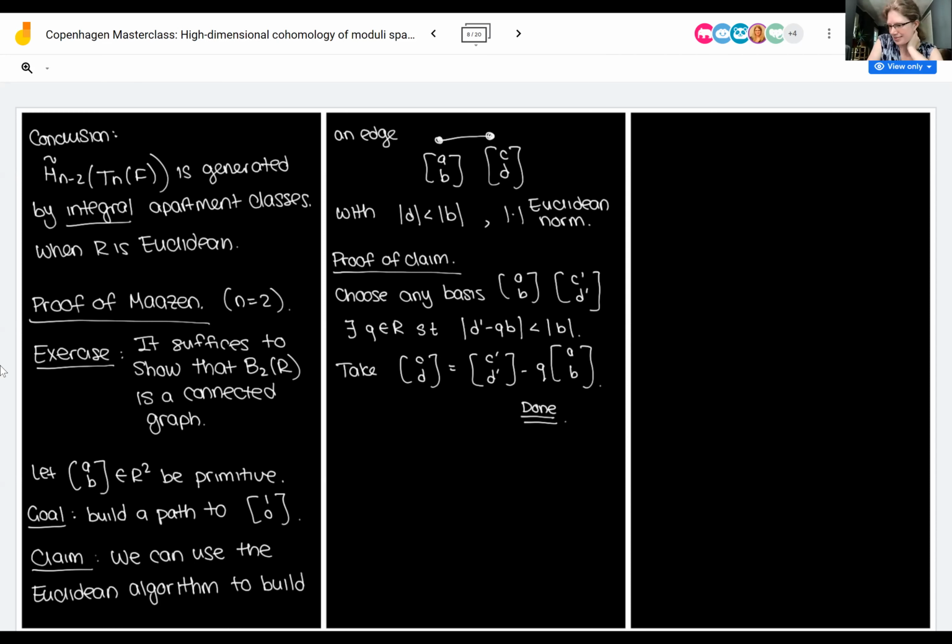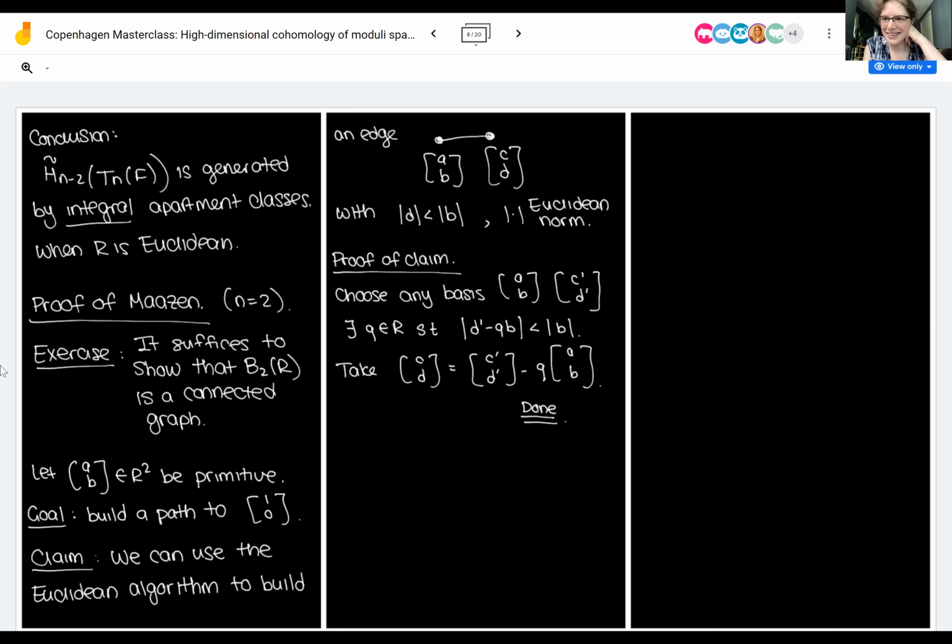Maybe a slightly different question. You're saying this vanishing for Euclidean domains, does it also hold for local fields, or is it just for global fields? I will repeat the question, I assume. Did you hear it? I did not. Please repeat. So the question was whether you can do this for local fields or only for Euclidean domains. Yeah.